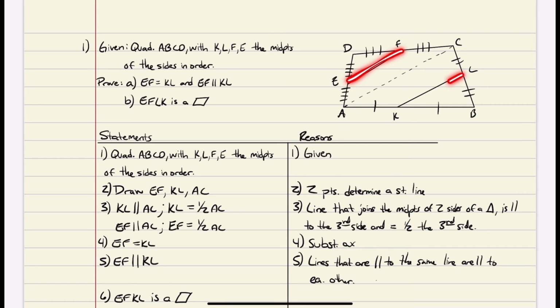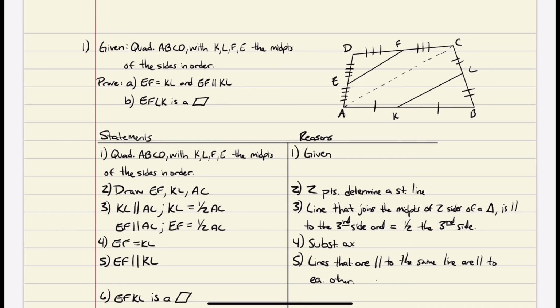And so we've learned a theorem that states, or maybe it wasn't a theorem, we proved it, I believe, that if two sides of a quadrilateral are both equal and parallel, that quadrilateral is a parallelogram. And so that would be our reason.